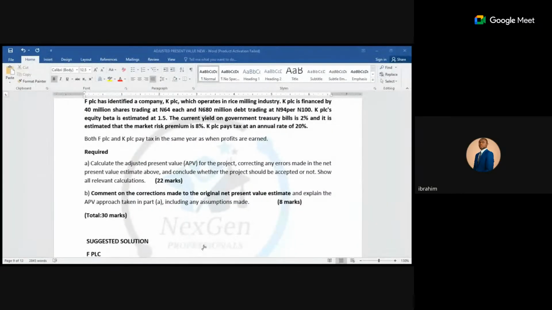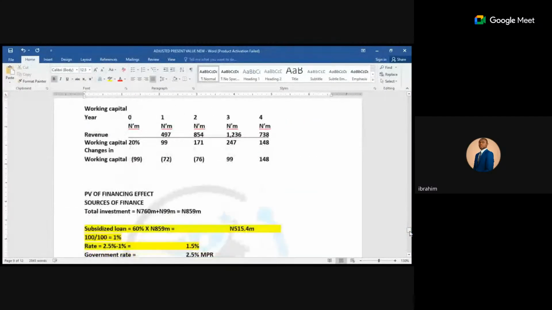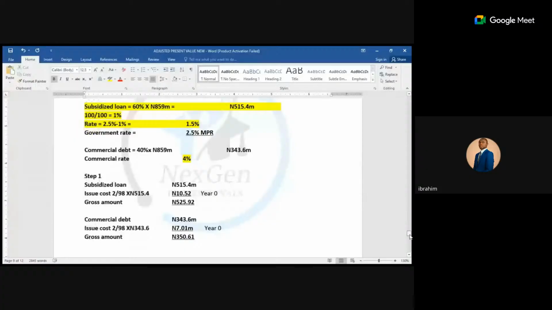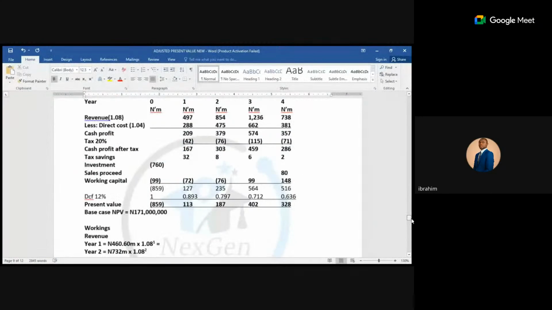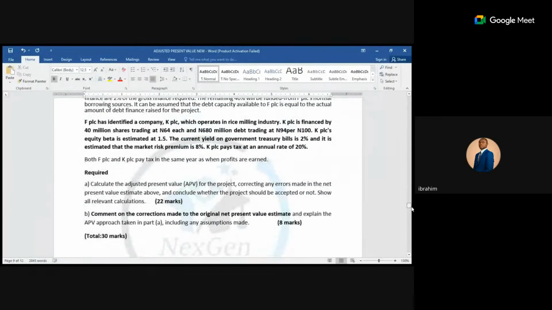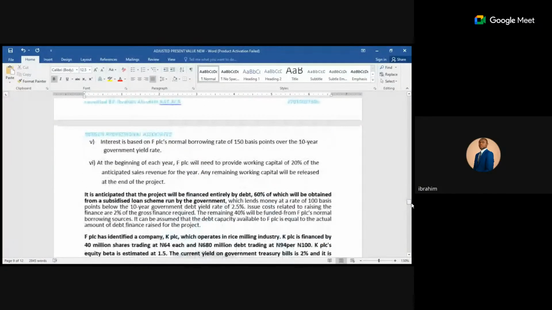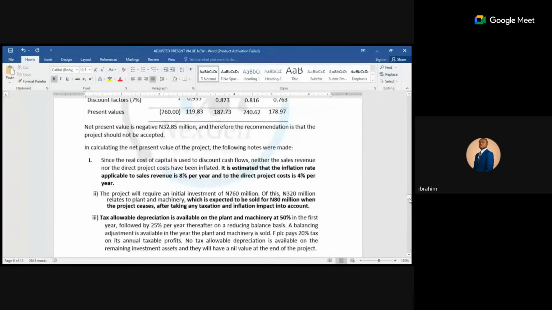And don't forget the basis of assumption. Do we have any basis of assumption here? Any basis of assumption you observed, please write. So as far as I'm concerned, that is the adjusted present value again.